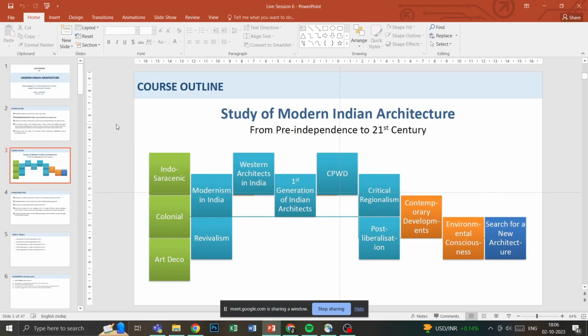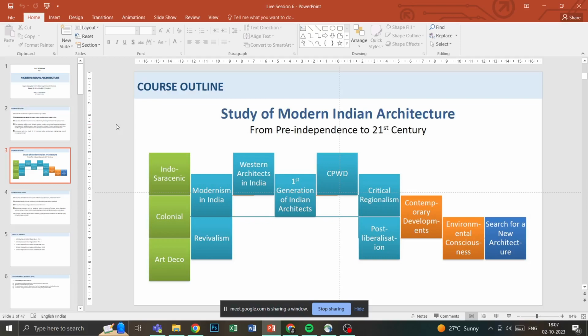The first few lectures covered Indo-Saracenic architecture, colonial architecture and Art Deco in the pre-independence part. Then the post-independence periods: the start of modernism in India, revivalism, the impact of Western architects who came here and designed a few great buildings, and the first generation of Indian architects after independence who studied in the West and applied their learnings here in Indian architecture.